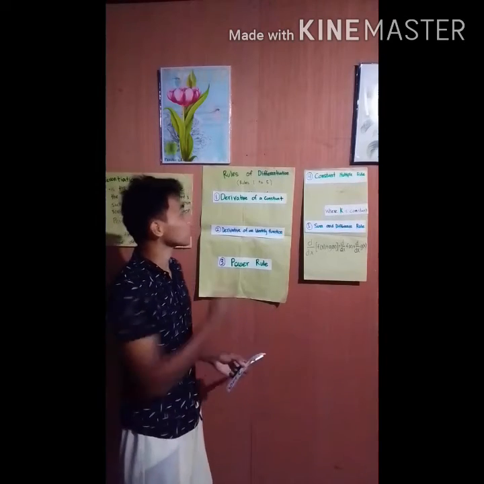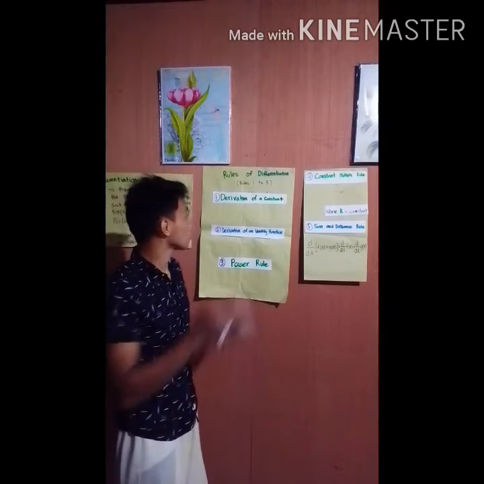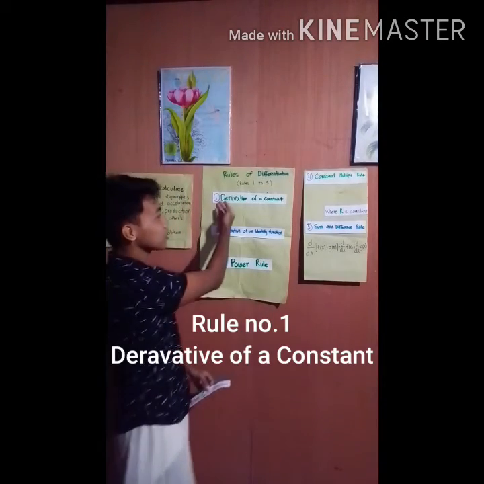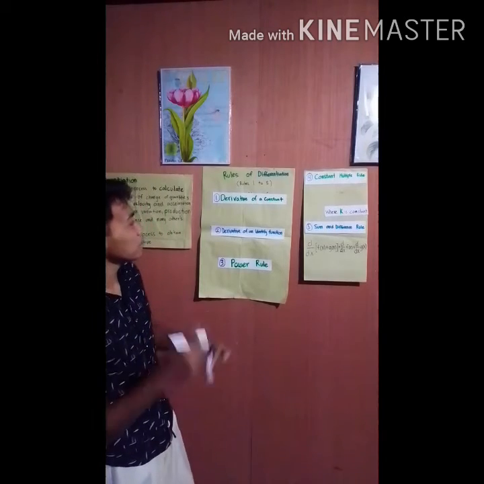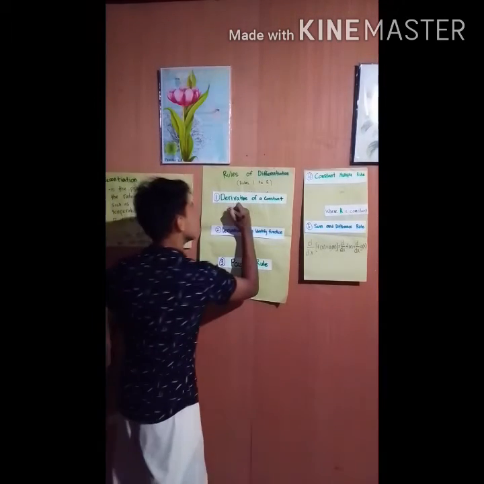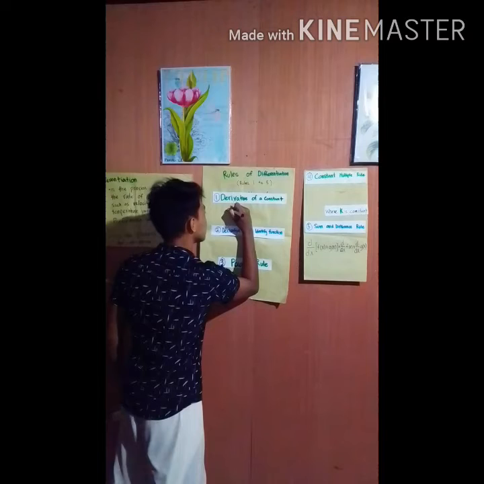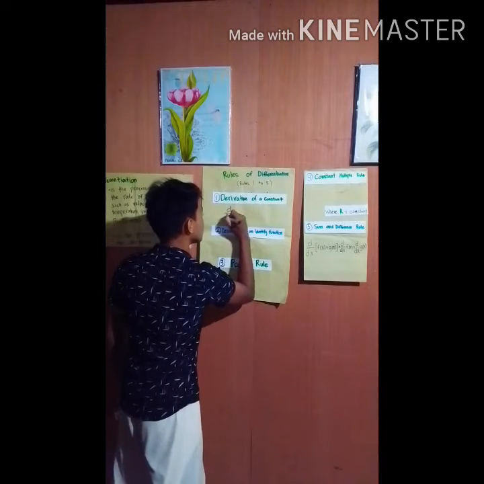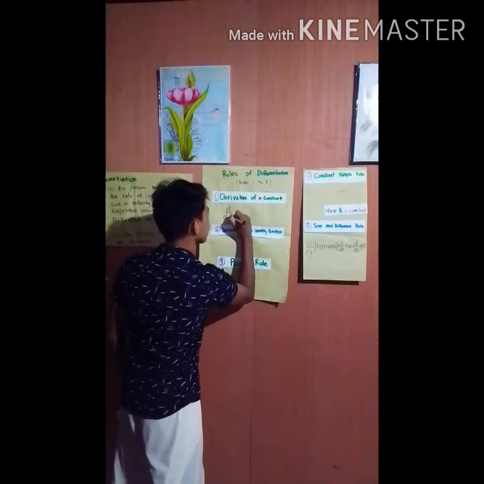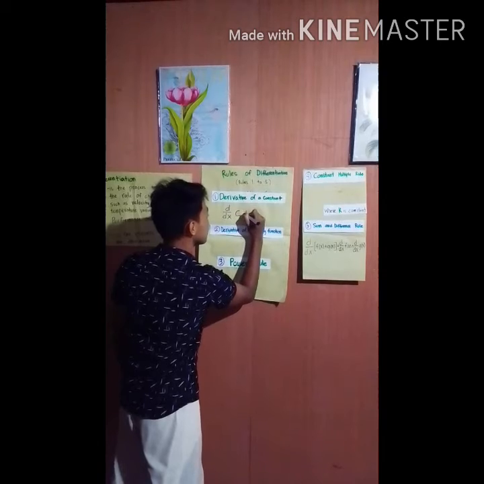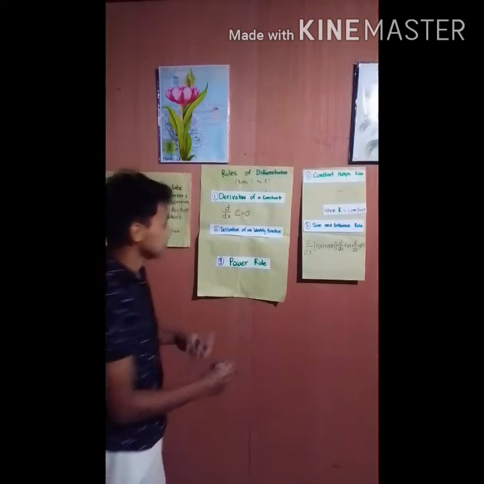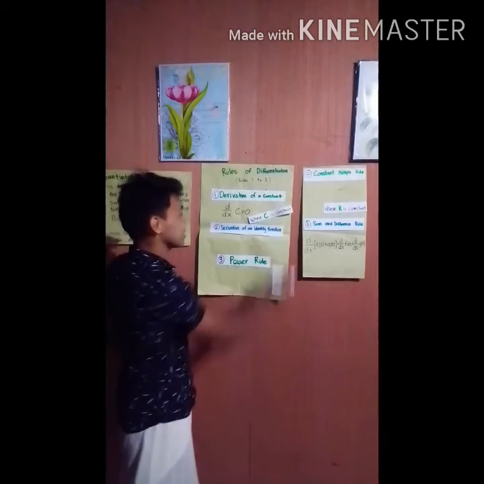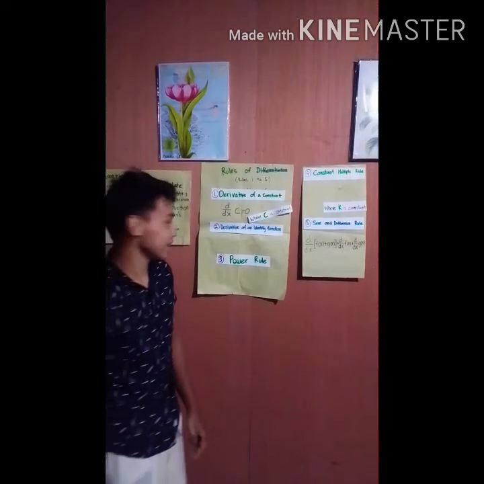So, these are the rules of differentiation. Rule number 1, the derivative of a constant. The formula for the derivative of a constant is d over dx of c is equal to 0, where c is a constant.